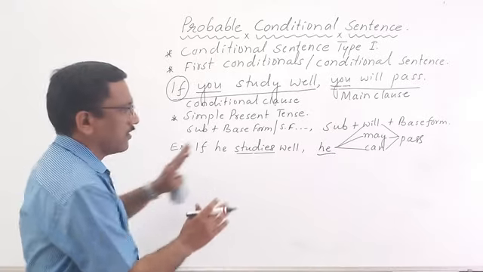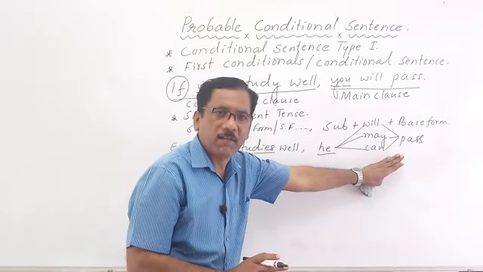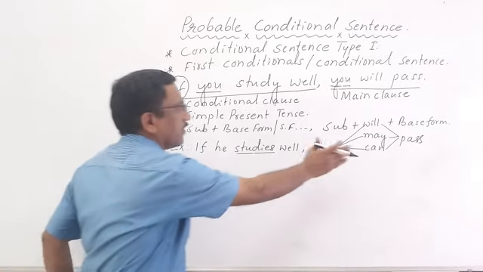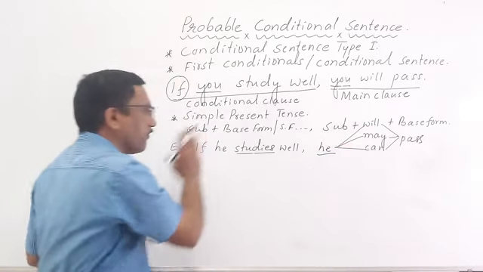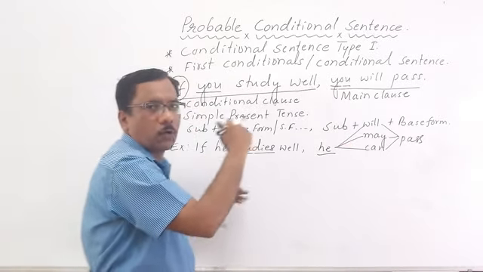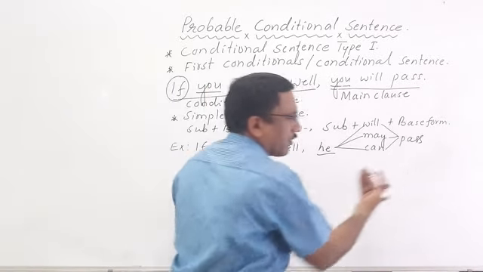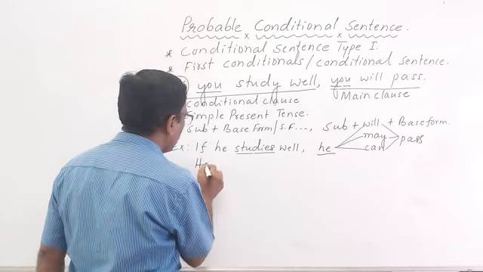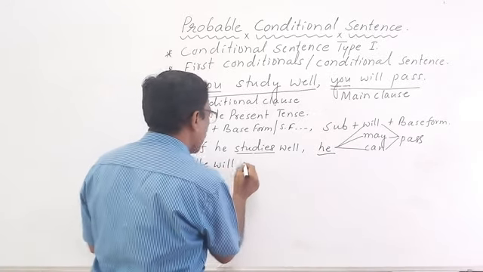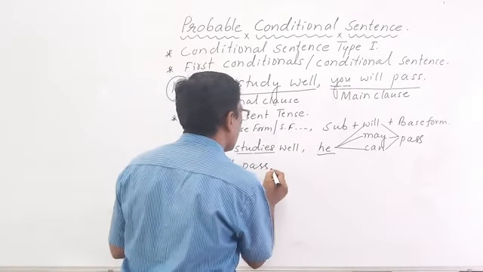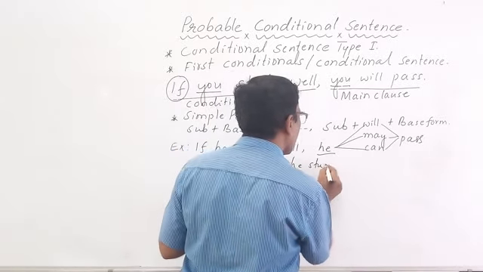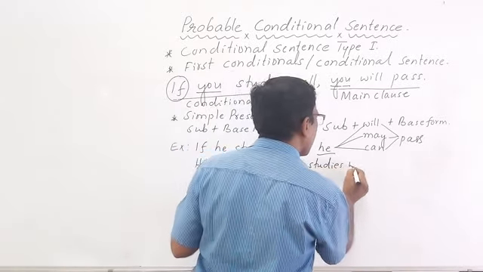And you know that conditional clause and main clause can be replaced. It means main clause may come first and conditional clause may come next. For example, you may write, he will pass if he studies well.